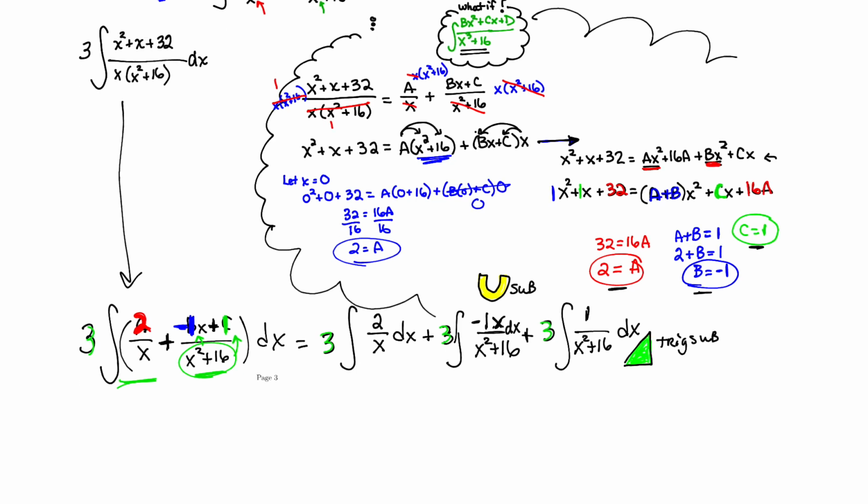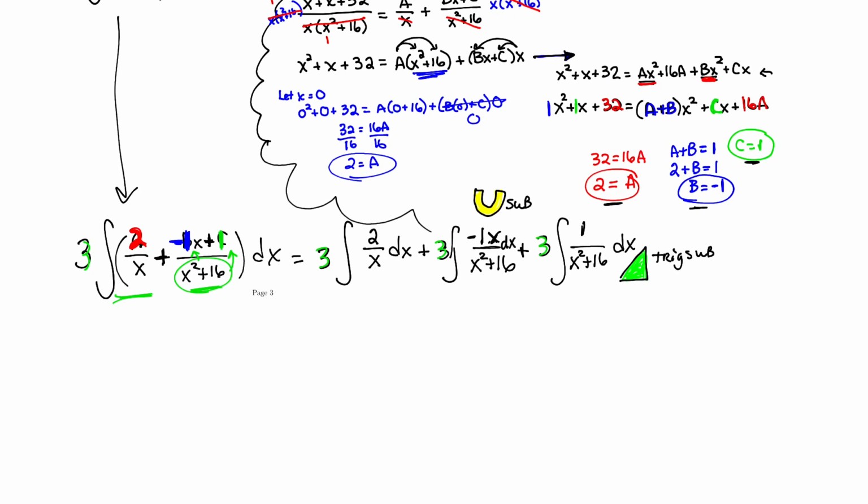All righty. Let's get to work. I have 3 integrals. I need 3 answers for those 3 integrals if you don't already have them, okay? This one's an absolute doozy.